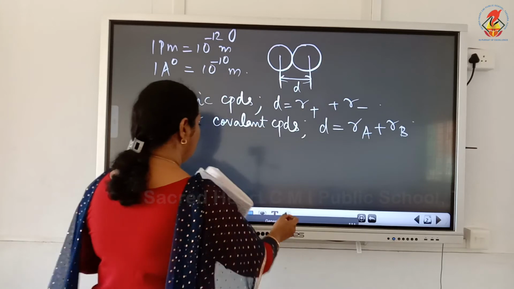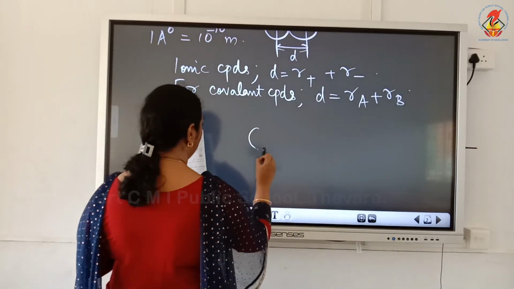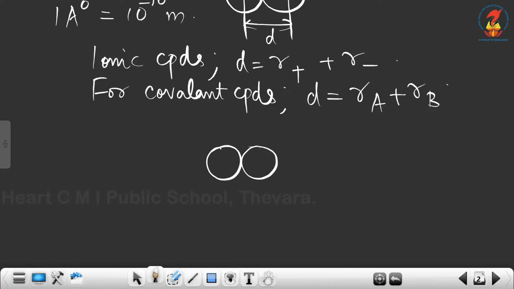For example, you know a chlorine molecule is formed by a covalent bond. So, if we have two chlorine atoms, this is a chlorine molecule, and the bond length means the distance between the centers of nuclei of the two bonded atoms.